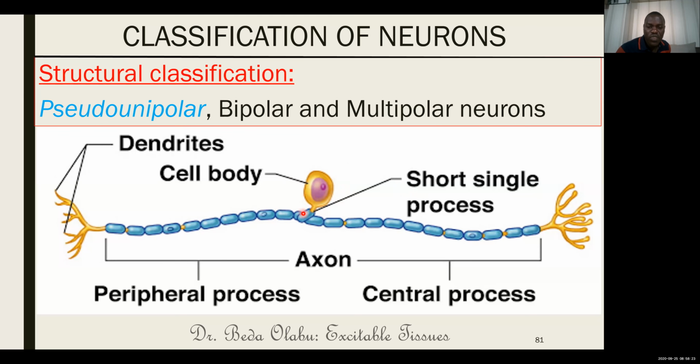These neurons form the primary neurons that transmit sensations from receptors of general sensations. So they are primary sensory neurons from receptors of general sensations.